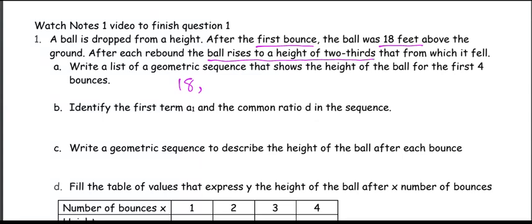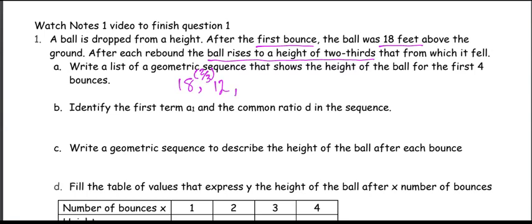So that means that we're going to have to multiply 18 by 2/3, because the height after the second bounce is 2/3 of the previous height. So that's going to be 2/3 times 18, which is 12.